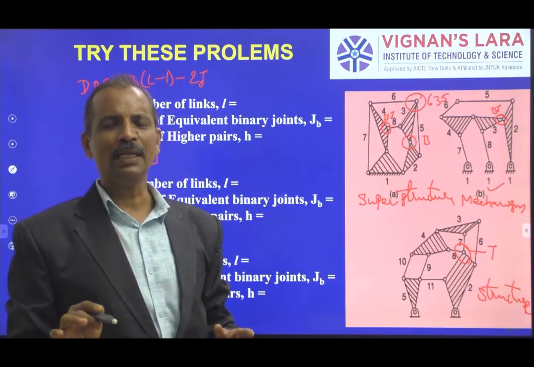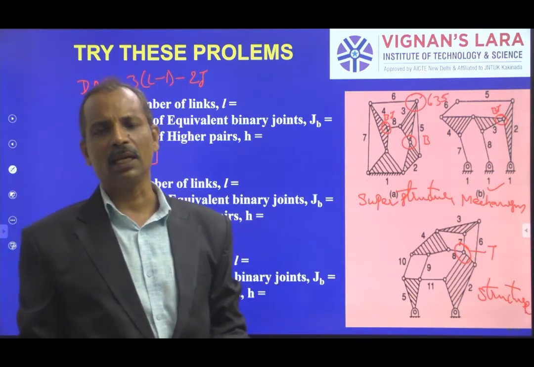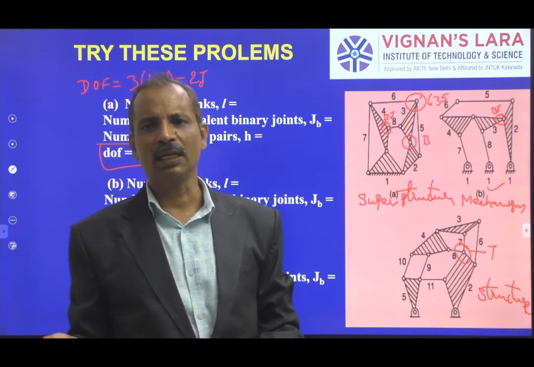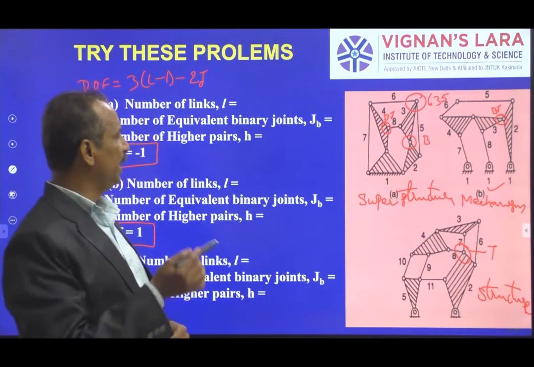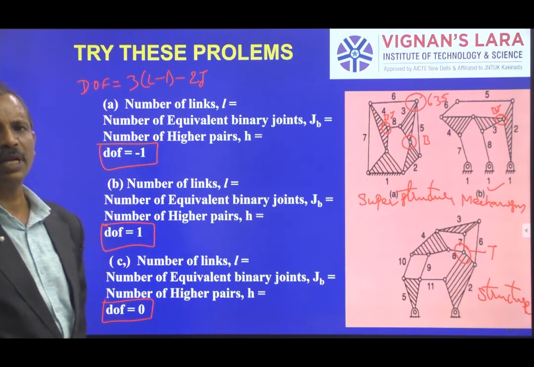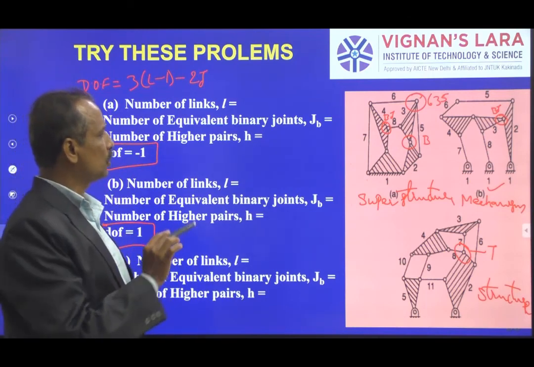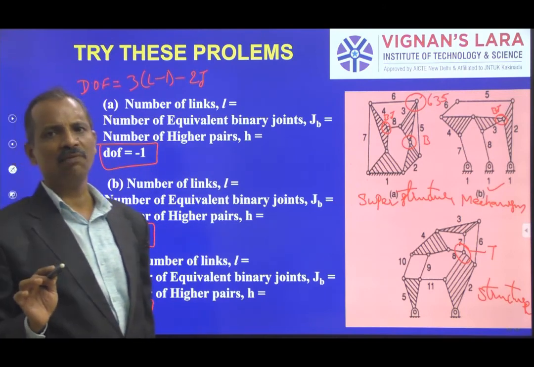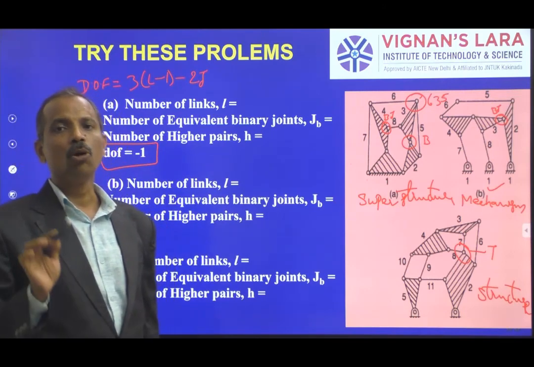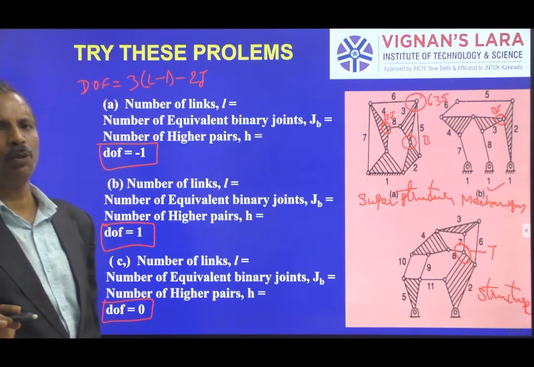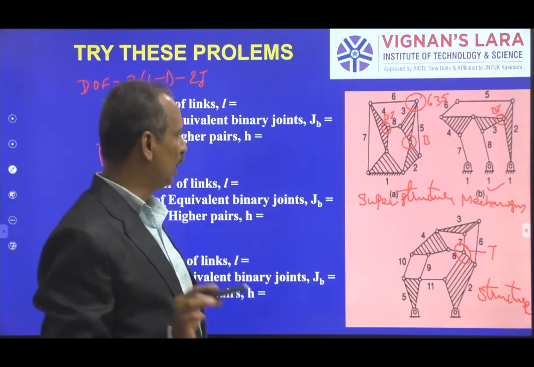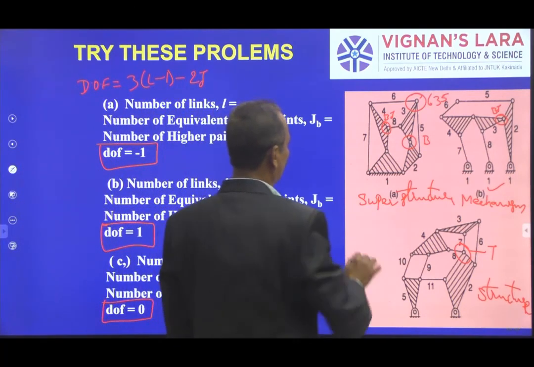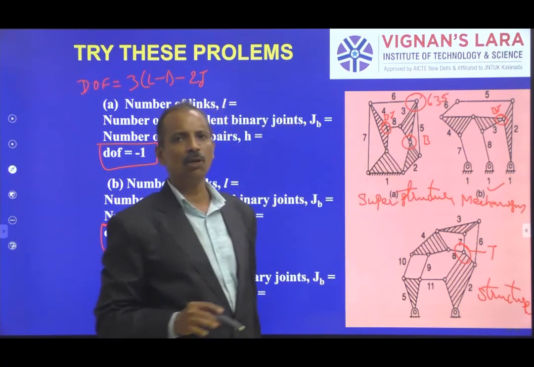That is not adopted by any other authors or textbooks, but only the SS Rattan textbook has given that procedure, and that is applicable if your mechanism has only lower pairs. It is not applicable for higher pairs. If you want, you can open the book and cross check all these problems using the loops method.